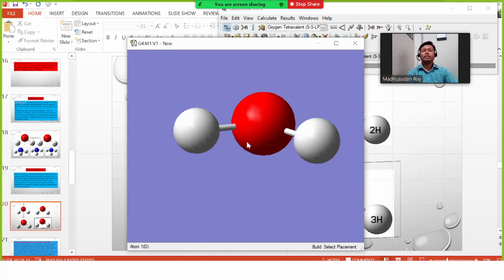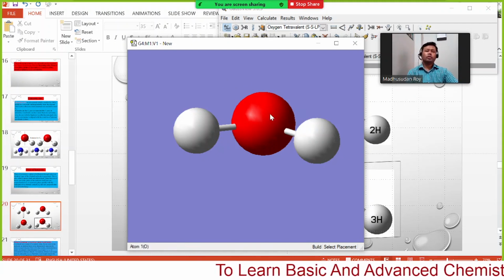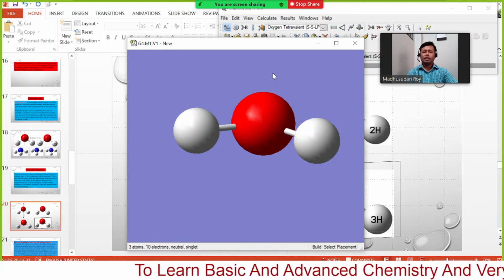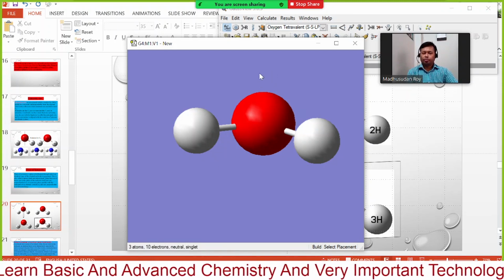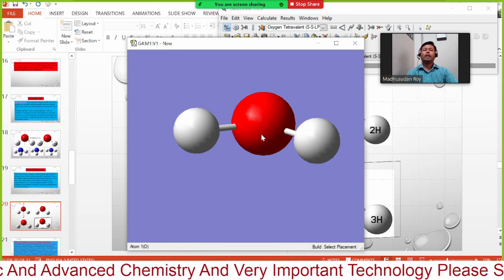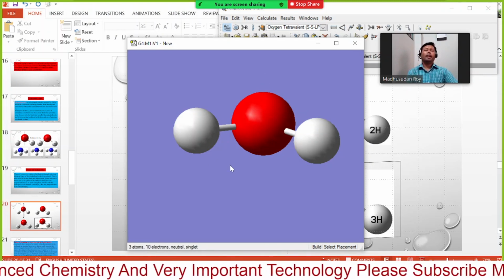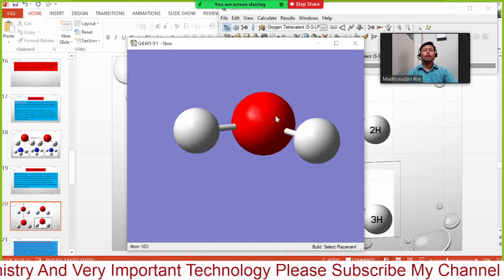It will reflect similarly. So it has two different types of plane of symmetry: one along the molecule, and another perpendicular to the molecule.